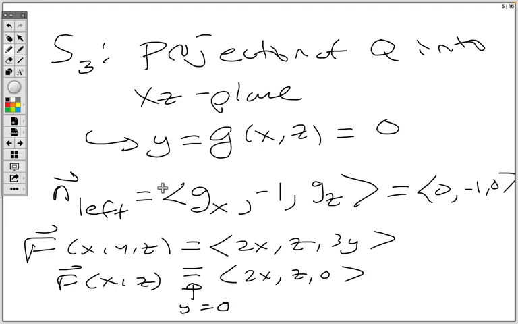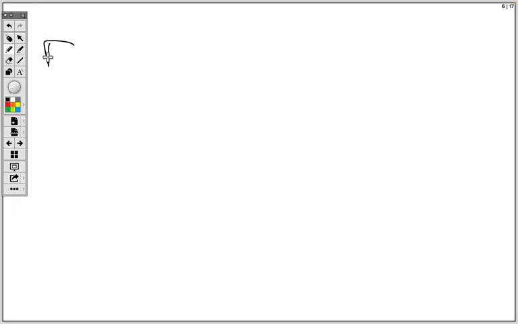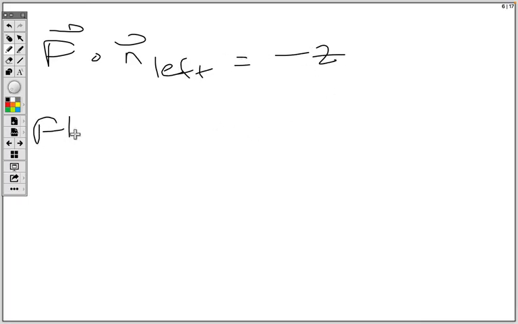And now I dot these vectors. And f dot n is -z. So f dot n left is -z. So the flux I want is going to be the double integral over R of -z dA.